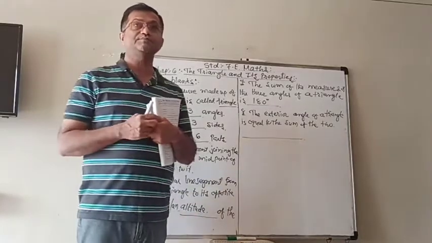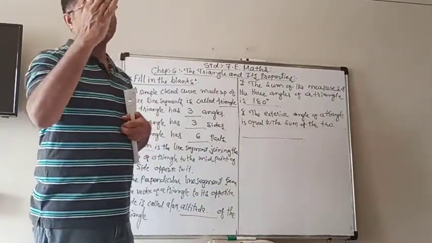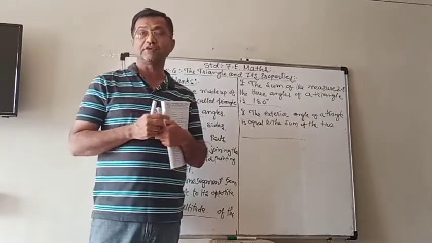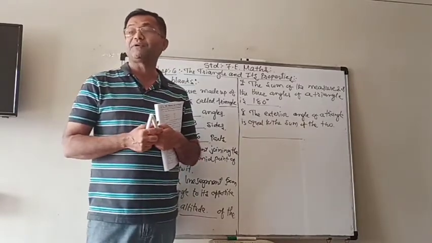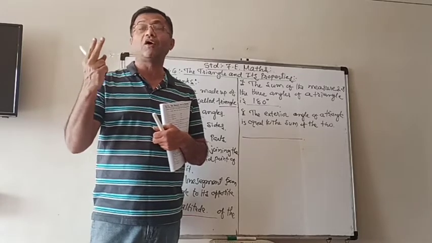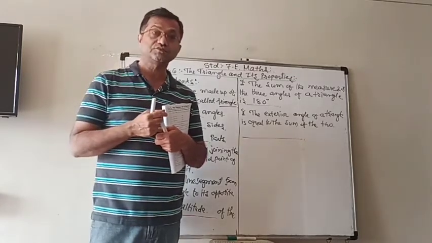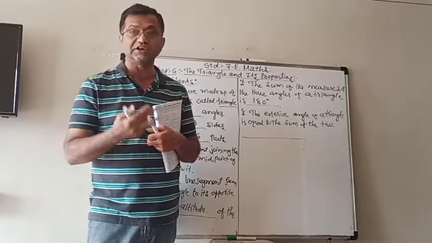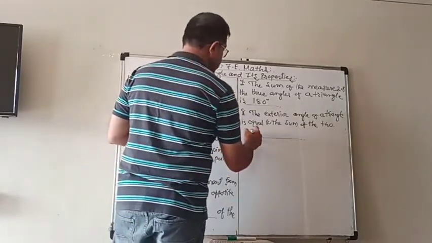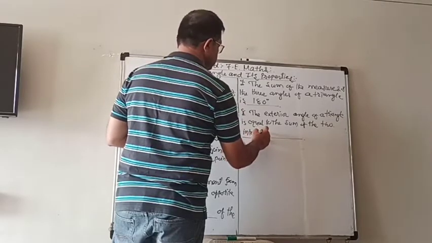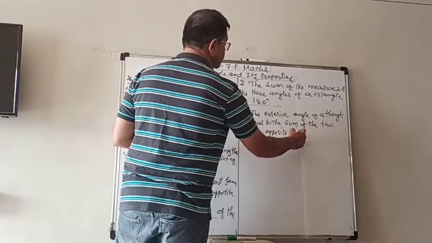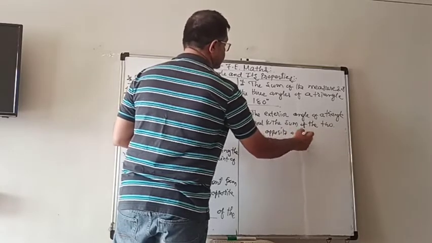Recall in memory that the measure of the exterior angle of a triangle is equal to the sum of its two interior opposite angles, or you can say remote interior angles also. So you can write down two interior opposite angles.